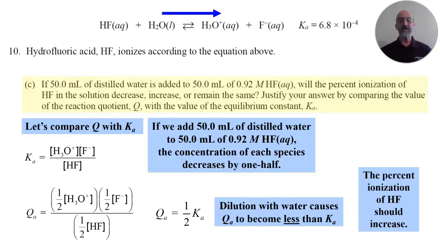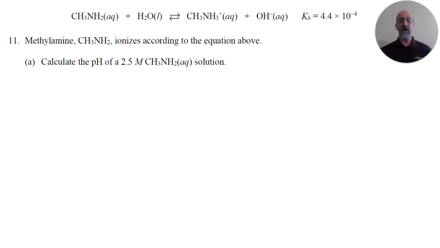Now let's move on to question 11, which involves a weak base. In this question, we are told that methylamine, which has the chemical formula CH3NH2, ionizes according to the equation above. And we can see from the details of this equation that methylamine is behaving as a weak base.